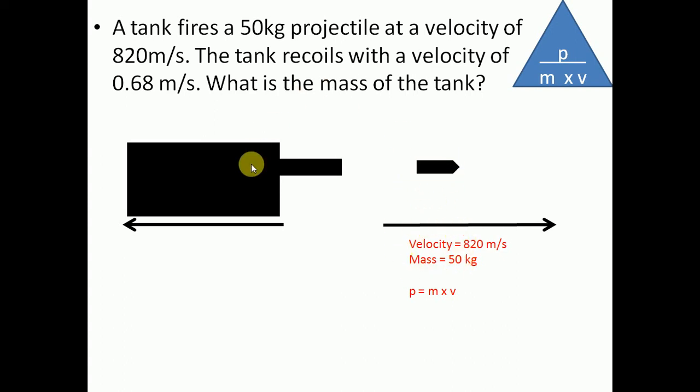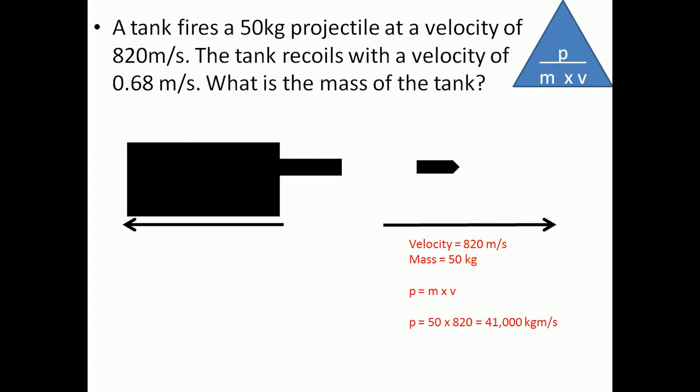So the momentum of the projectile is mass multiplied by velocity, taken from our momentum formula triangle, which is 820, our velocity, multiplied by our mass of 50, which gives us a value of 41,000 kilogram meters per second.